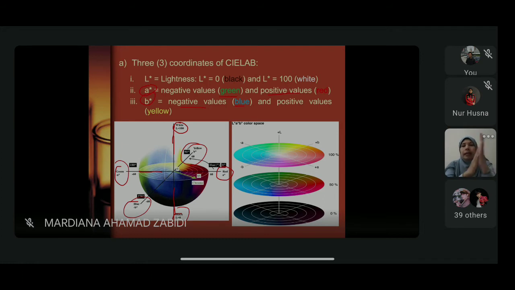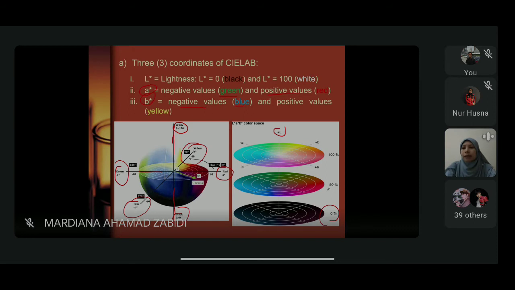Okay, so basically we have this color space. On your right hand side, at the bottom, we have the color space whereby we have LAB. Okay, L is the lightness, whereby at the top it means white, at the bottom 0%, this one is black.